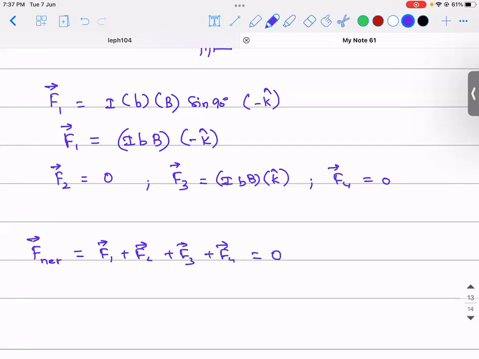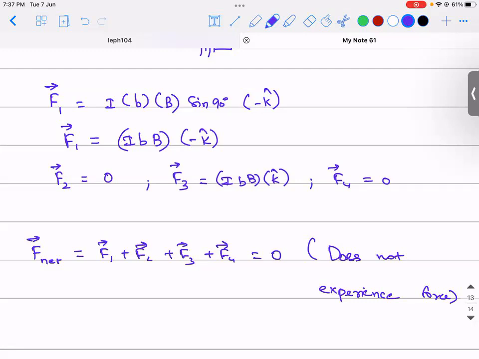Answer is 0. Means this kind of a system does not experience force. So when it is not experiencing force, what can you say? Means it is not going to move. So it has no translatory motion in this scenario.